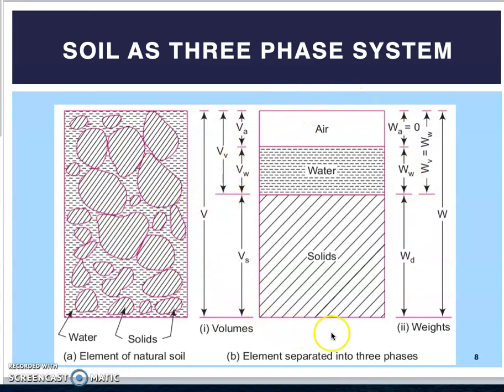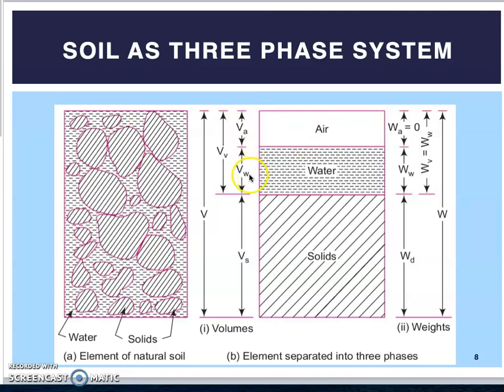So this particular diagram is called phase diagram. What can you see in this phase diagram? There are solids, there is water and air. Volume of solids will be represented as V suffix S. Volume of water will be represented as V suffix W, and air will be represented as VA.